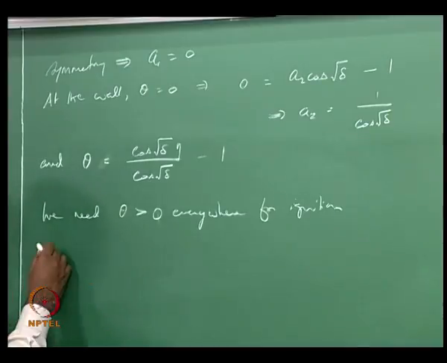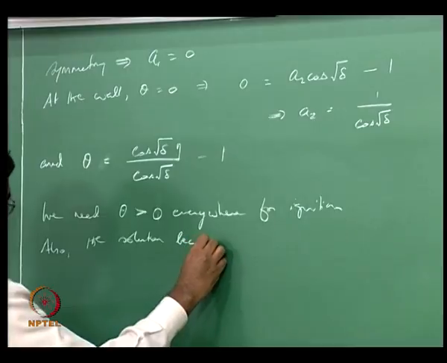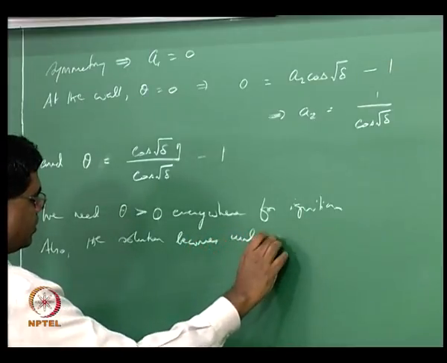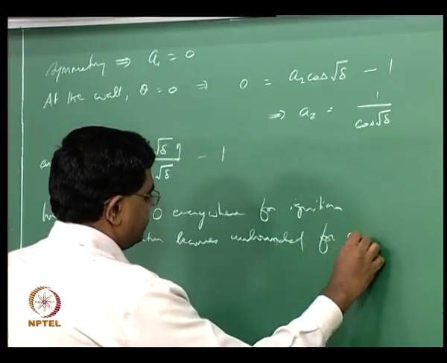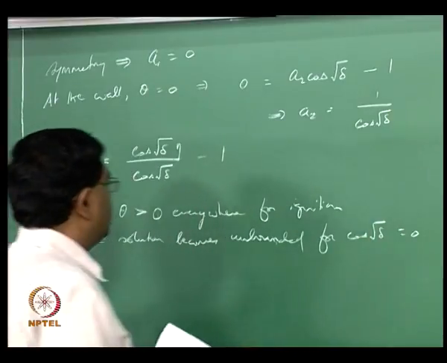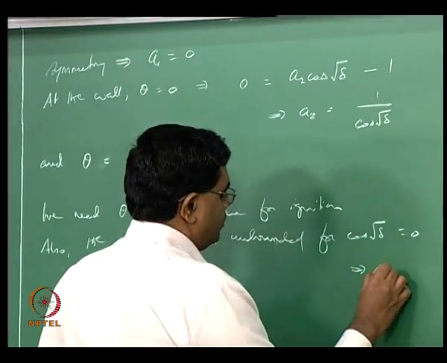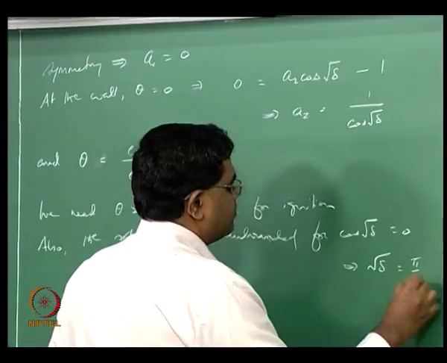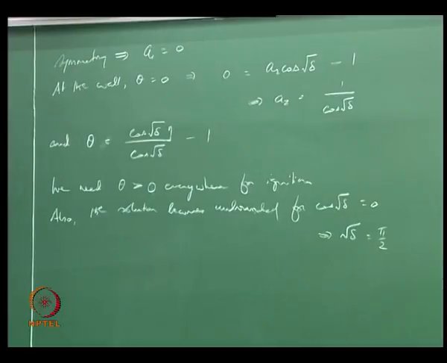So also the solution becomes unbounded for cosine square root delta going to 0. So if the denominator goes to 0 even in the first term, then you are in trouble, which implies that square root of delta is pi by 2, right, or you can say delta is equal to pi squared by 4, right.